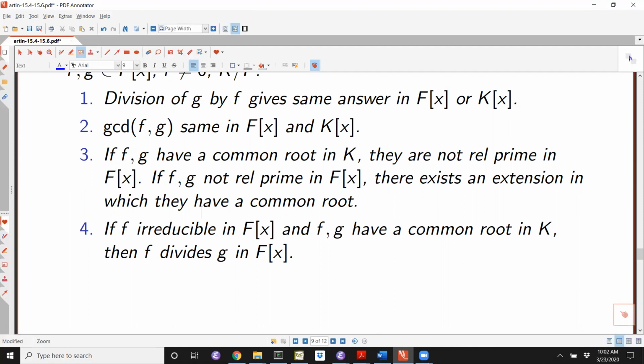Conversely, if f and g are not relatively prime in F of x, there exists an extension of F in which they have a common root. Finally, if little f is irreducible in F of x, and f and g have a common root in K, then f actually divides g in F of x.